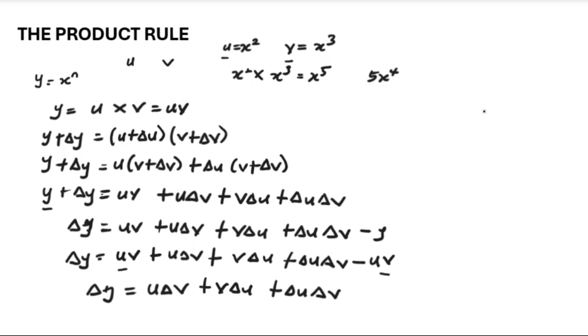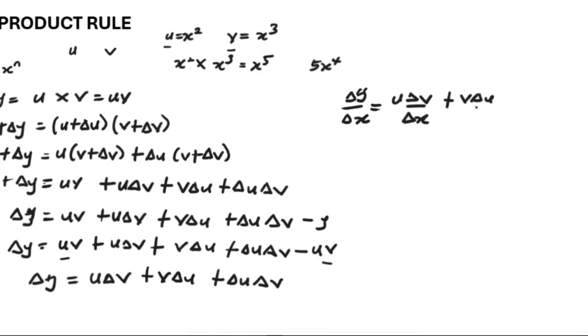So it means that if we divide through by delta x, delta y over delta x, so that's what we have at the left hand side, will be equal to u delta v over delta x plus v delta u over delta x plus delta u delta v over delta x.